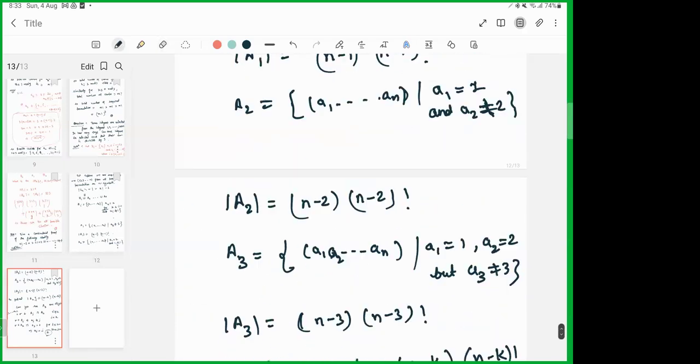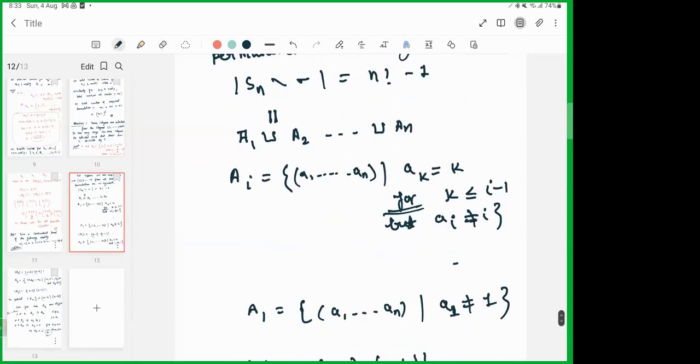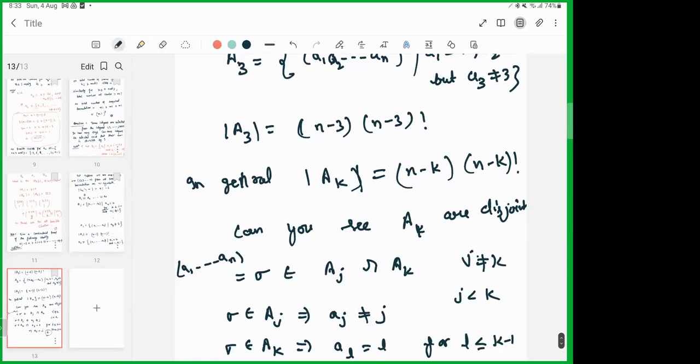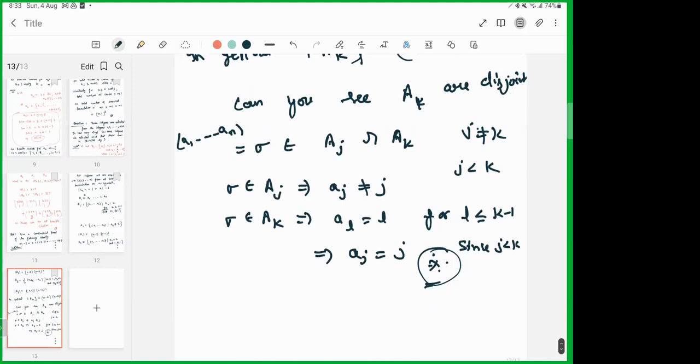Now can you see any permutation on these n symbols belongs to some Ai? I'm claiming this: Sn minus the one permutation which I removed, 1, 2, up to n, is precisely A1 disjoint union A2 disjoint union up to An.